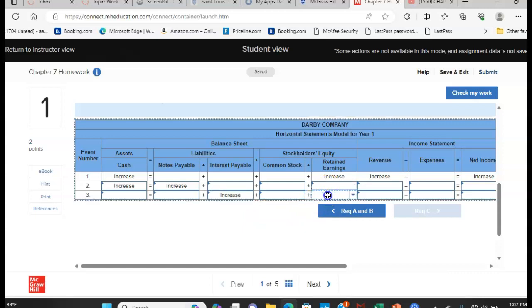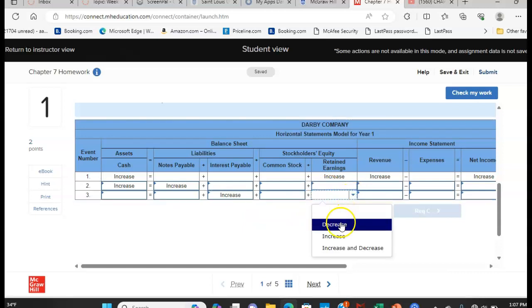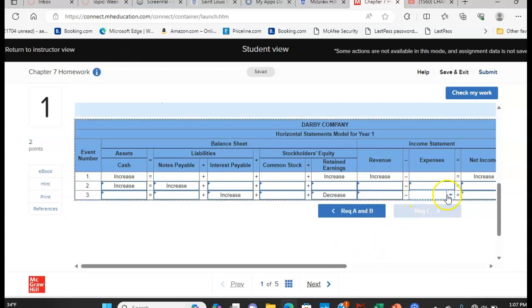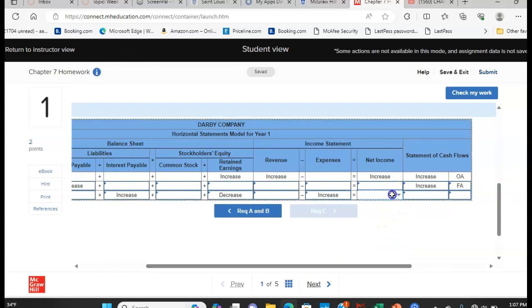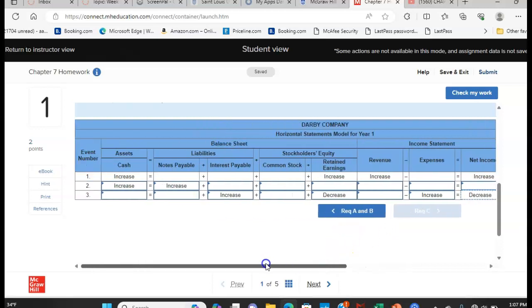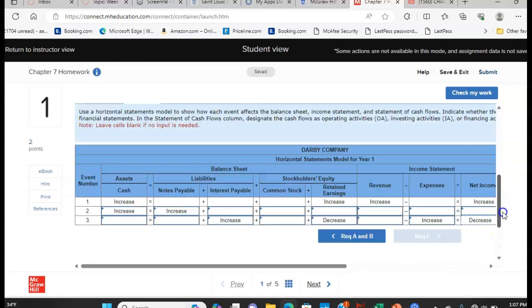Your retained earnings is going to decrease because you're going to recognize an increase in interest expense. And because there's only an expense, that will cause a decrease to your net income. There wasn't any cash actually paid out for this transaction. Therefore, it doesn't impact your statement of cash flows.